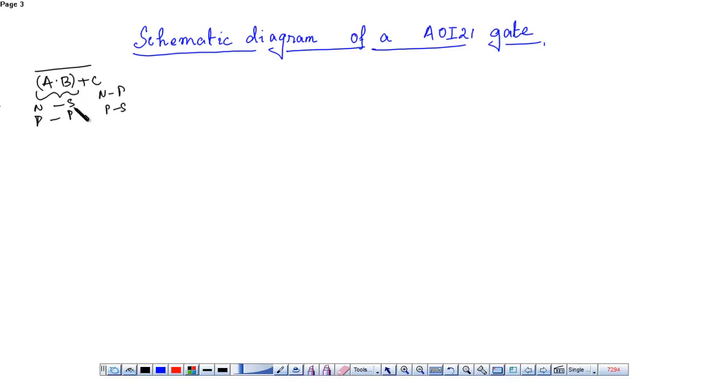So for A dot B, the PMOS is in parallel, connected to VDD, and the third input C is in series with this parallel circuit.